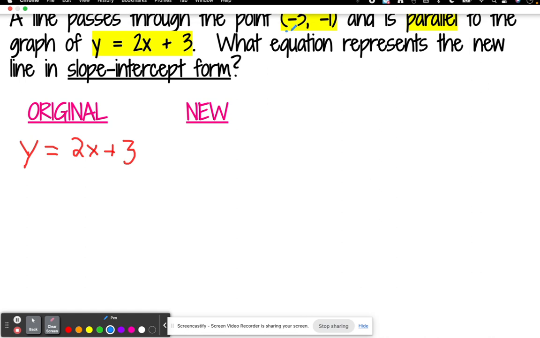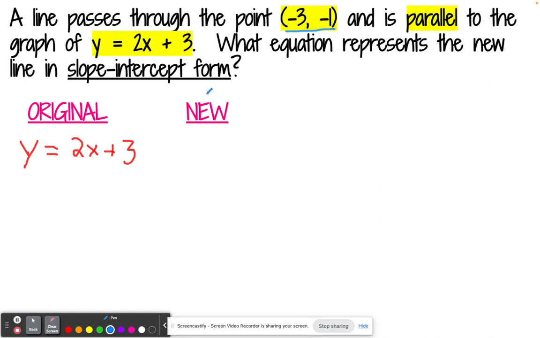Well, I know it has to go through this point, so I can plug in these points into my equation. So negative 1 for y equals, my slope is going to be 2, times negative 3. That's my x value, plus b.